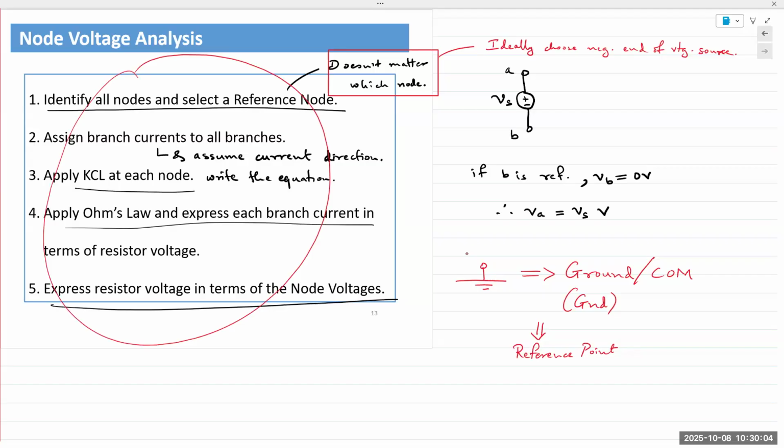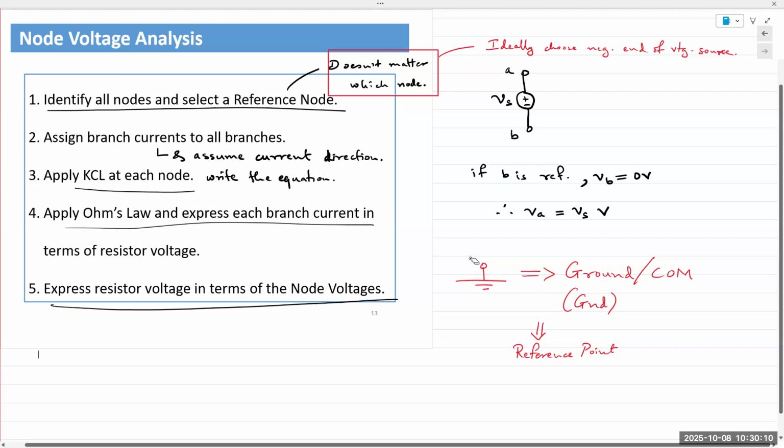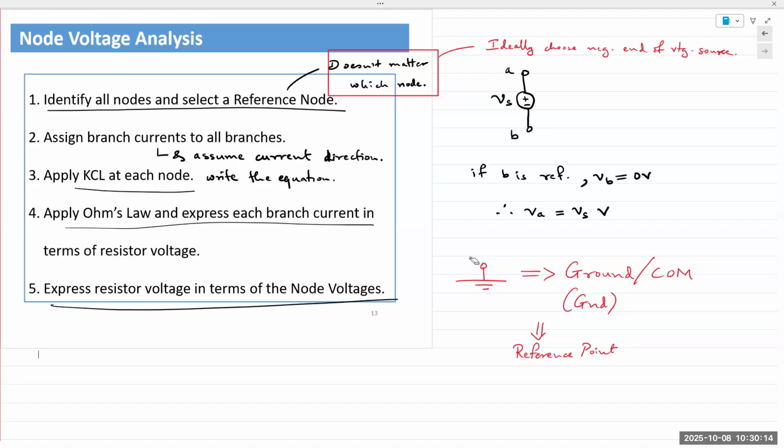Doesn't matter what kind of circuit it is. We just apply these steps as they're outlined. Then you generate your equations, and you'll have a set of linear equations in the form of ax plus by plus cz is equal to d. X, y, and z are the unknown variables, and then you solve for those values.